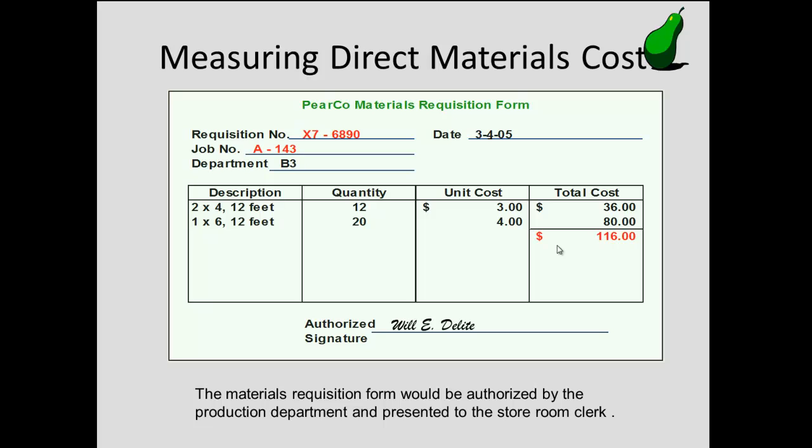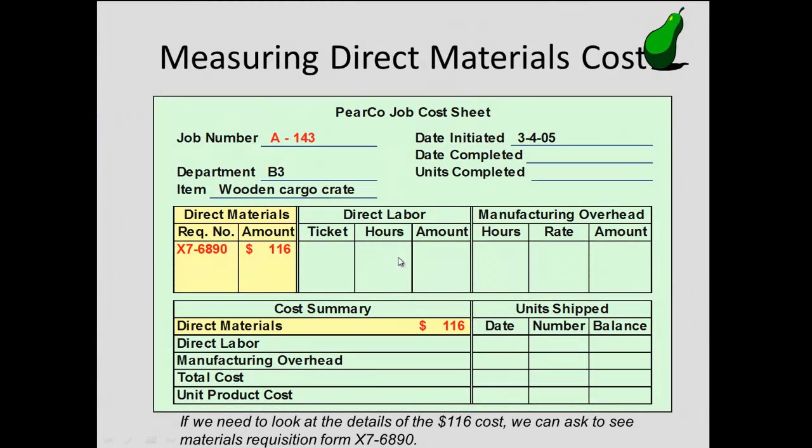You can think of those as a whole bunch of wood in a supply shed or material shed. Once we place those materials into process, they become work in process inventory. They're going to stay in work in process until we're finished, and then they become our finished goods inventory, which are ready to be sold. So we can see here in this case we have $116, and it's going to be accumulated right here.